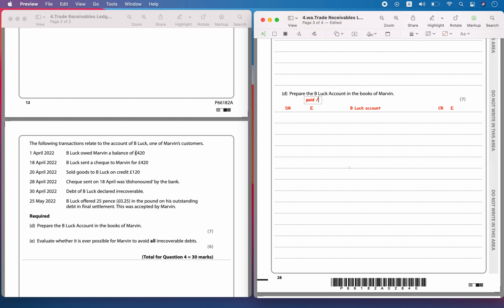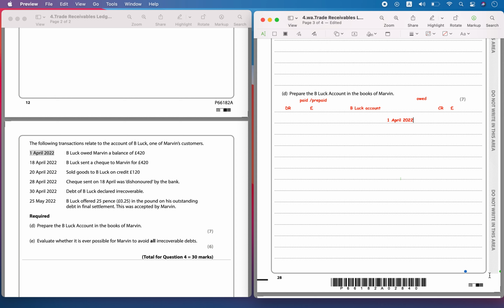You should be aware any paid or prepaid will appear on the debit side for this, and any owed balances will appear on the credit side because this is a trade receivables account. So on 1st April, Marvin had a balance brought down of 420.